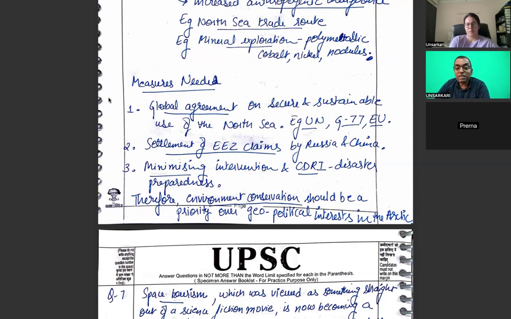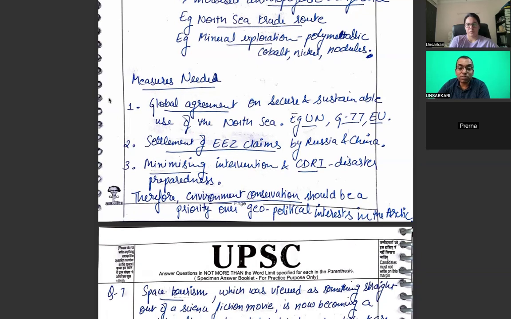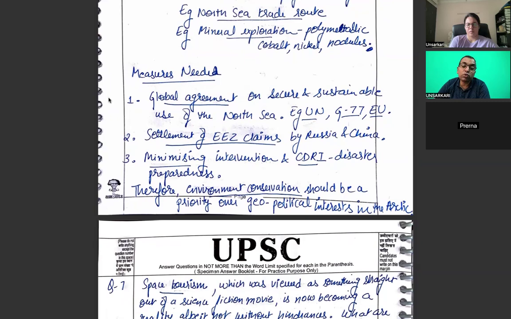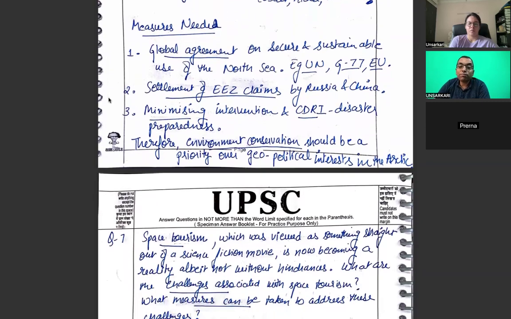So settlement of EEZ claims by Russia and China, that is only one point. Minimizing intervention in CDRI, disaster preparedness. We must bring the role of India also, because India is also part of the Arctic Council as a member, and it is having an observer status. And secondly, we must also see the kind of R&D which is required with respect to Himalayas and even melting of ice in Antarctica, as I just said, these two three factors.